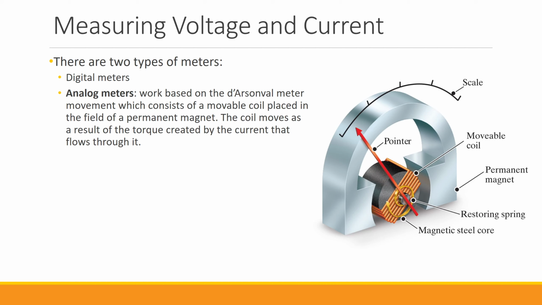When the current goes through this coil, as a result of the interaction between the magnetic field of the permanent magnet and the magnetic field created by this current in the coil, we have some movement. That movement represents the amount of current, for example, that goes through the coil. As I said, in practice, we usually use digital meters nowadays.